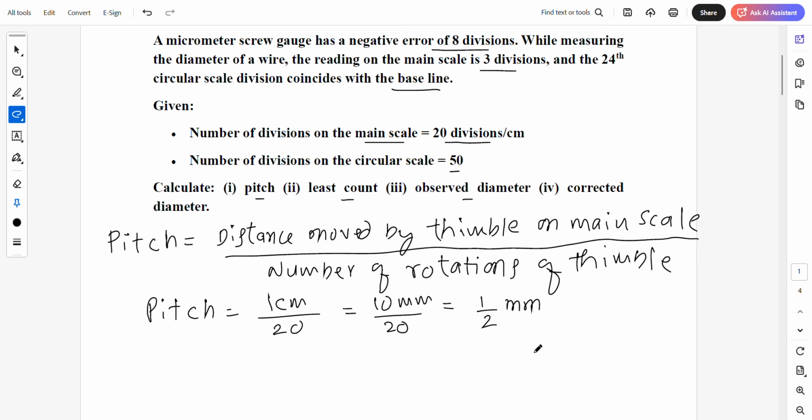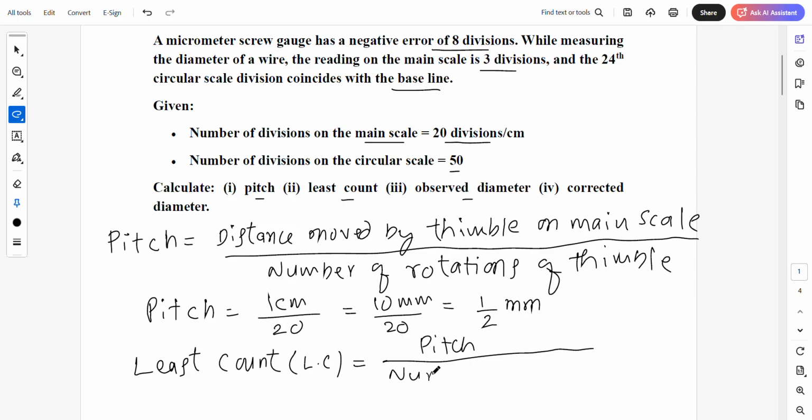Now we are supposed to calculate least count. What is the formula for least count? That also we discussed in the previous part. Least count LC is equal to pitch divided by number of circular scale divisions.